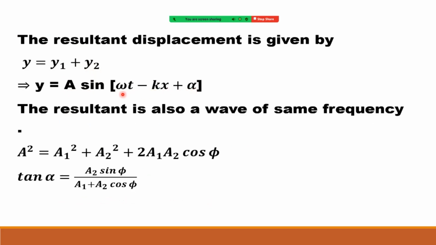So from this we are saying that the resultant is also a wave traveling in the same direction with the same frequency, omega same, and the value of A squared equals A1 squared plus A2 squared plus 2 A1 A2 cos phi, and tan alpha is given by A2 sin phi divided by A1 plus A2 cos phi. Right? This is about case 1, where waves are traveling in the same direction.